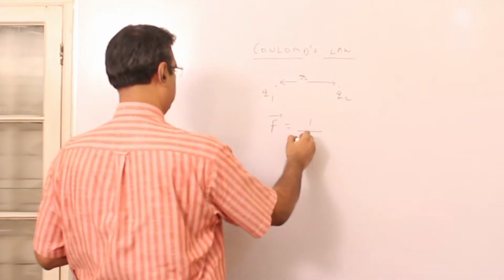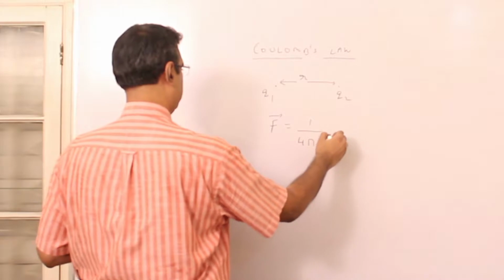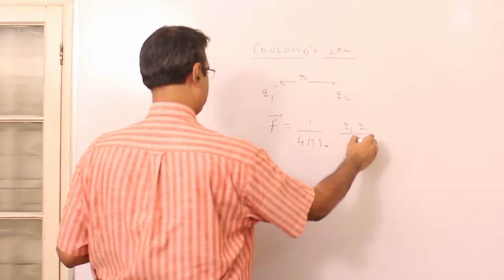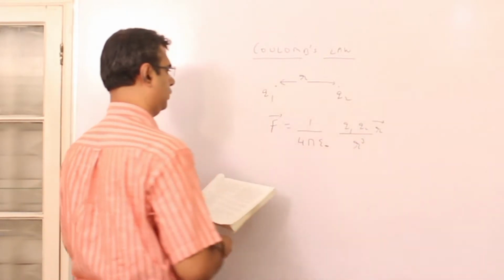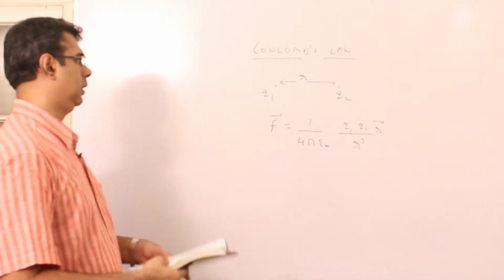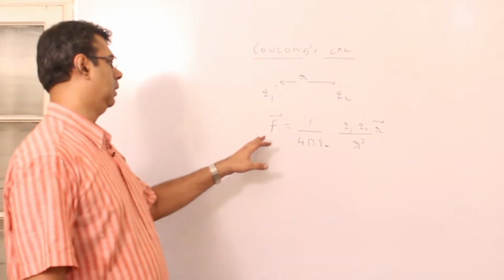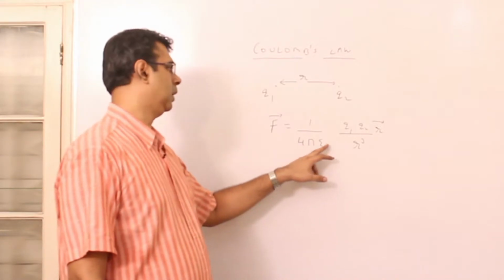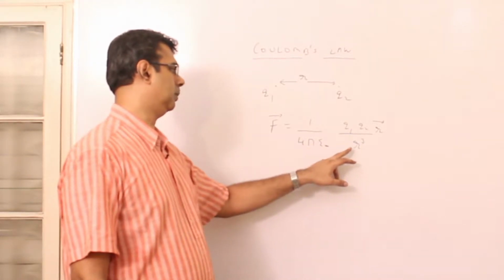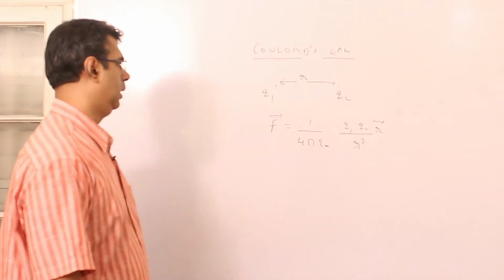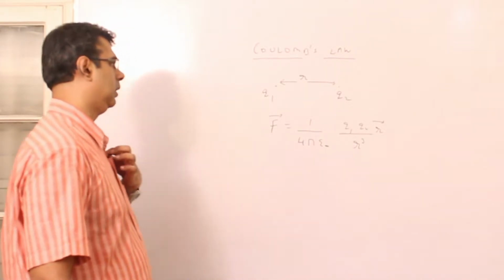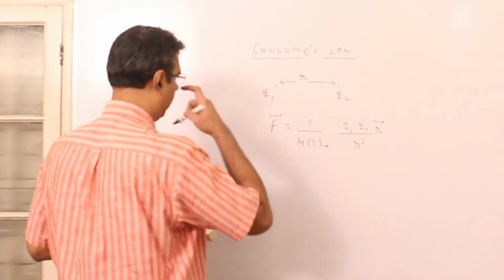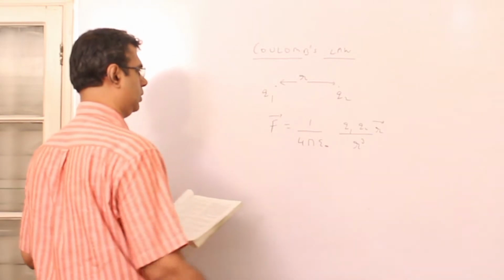Then the force between them is given by vector F equal to 1 by 4 pi epsilon naught into Q1 Q2 by R cube into vector R. Now vector R basically is the vector directed from one charge to the other.